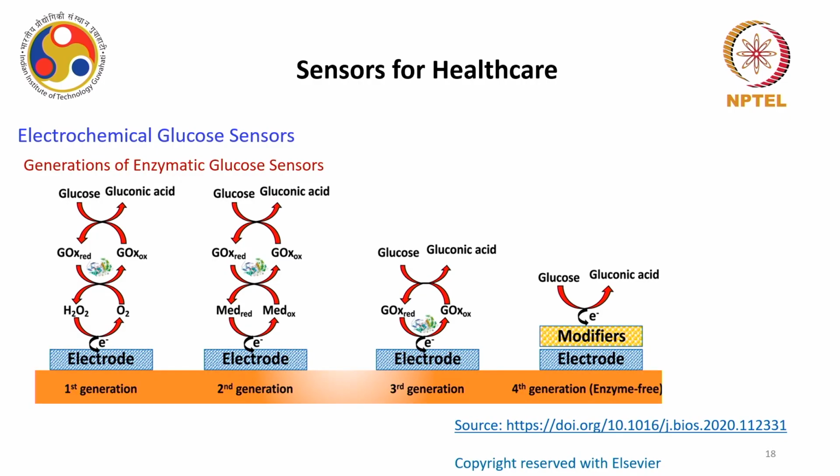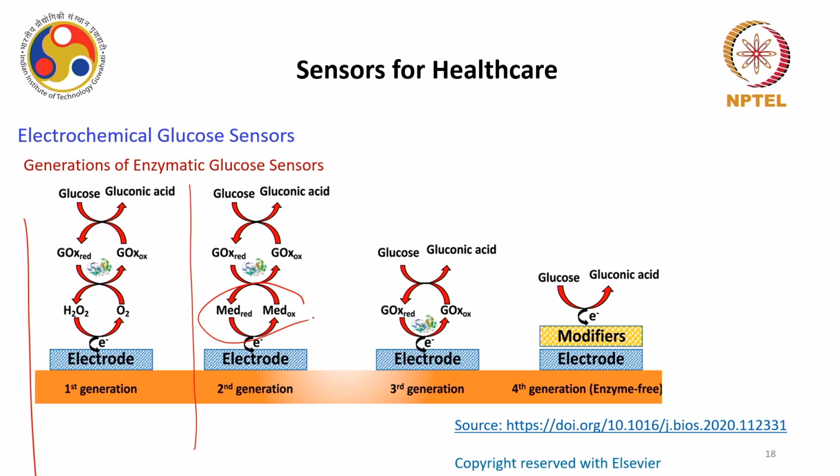So, depending on what generation of electrochemical device you are talking about, these things are jumbled. If you see the first generation glucose sensor, you have the conventional way of oxidation of glucose by the enzyme, production of H2O2 and then electron donation at the electrode. Similarly, for the second generation, you have now a mediator.